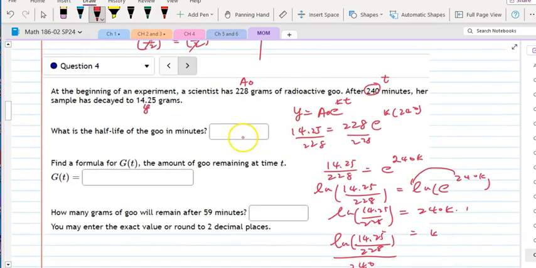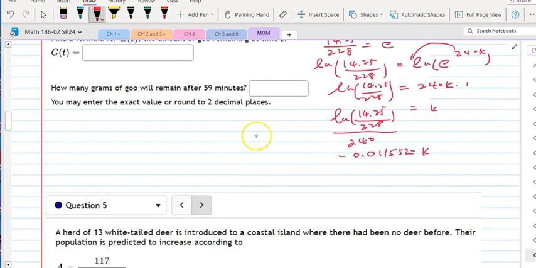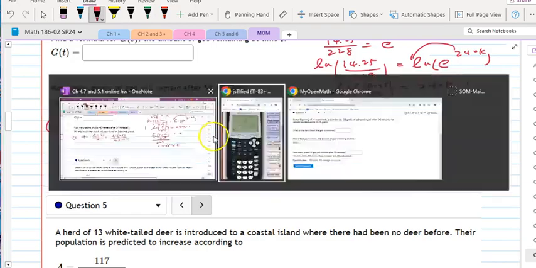Okay, and then we want to do half-life. So once we do that, we can do half-life. Half-life is ln 1/2 divided by k, that is ln 0.5 over negative 0.011552.